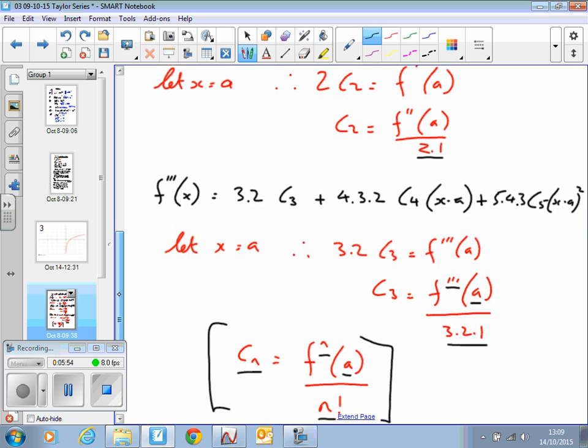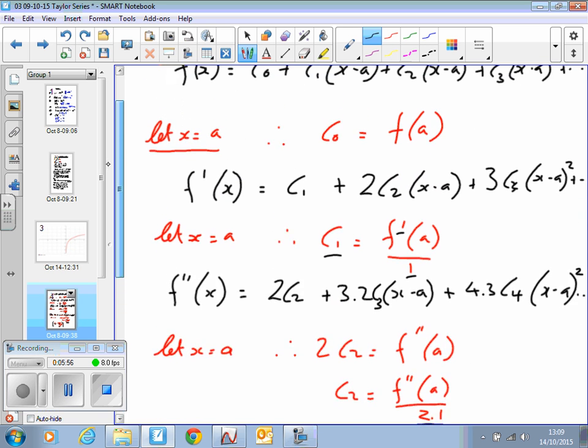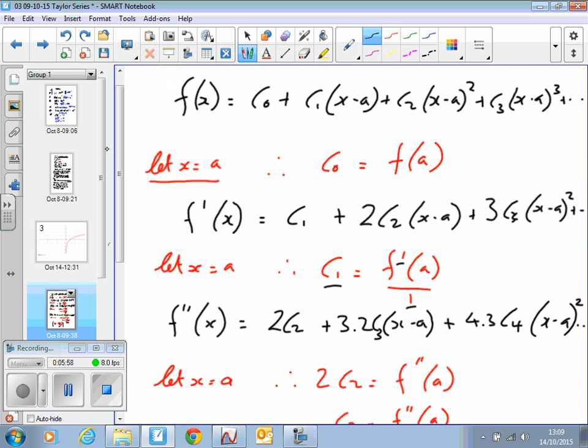There's only one thing we've got to be clear on, and that's this C0. So for the pattern to work, we divide by 0 factorial, and so we define 0 factorial as being equal to 1, so that the pattern works.